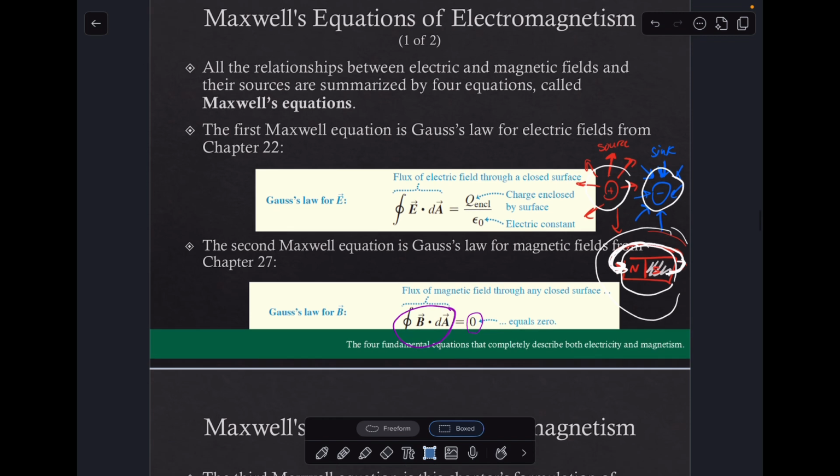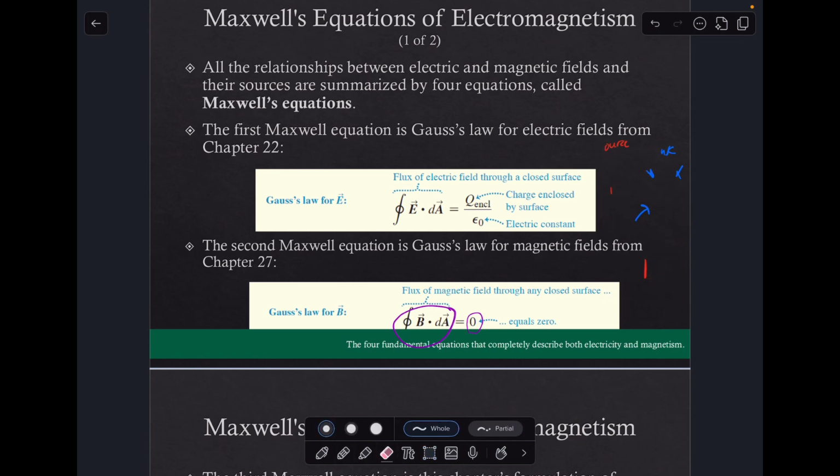And then we briefly talked about Gauss's law for B fields. And what we saw is that the integral of a B field contained in a surface is always going to equal 0. So why is one Gauss's law equal to some number, and why is another one equal to 0?